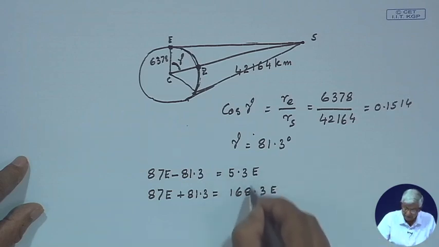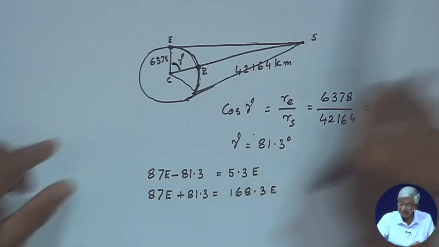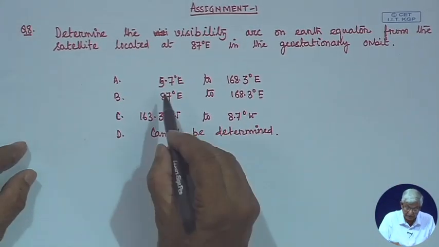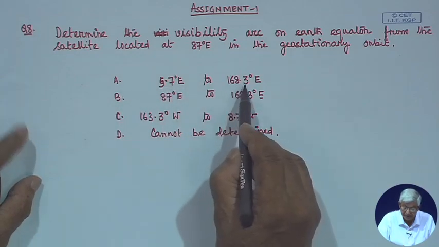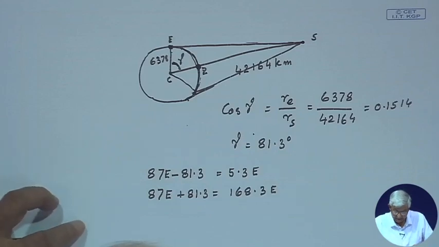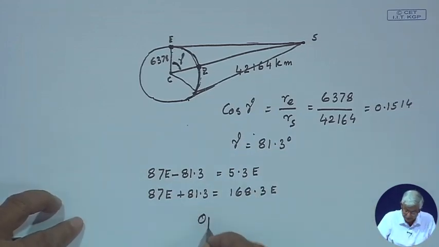So, this is the range the satellite can see, and option A itself says 5.7 degree east to 168.3 degree east, and it matches. So, the answer is option A.